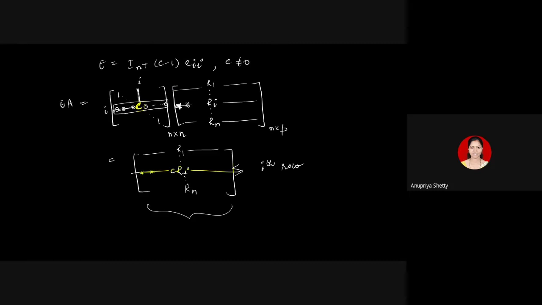You recall what is elementary row operation of type 3? It is multiplying one of the rows by a non-zero scalar. Here, on left multiplication by E, the ith row is getting multiplied with some scalar.